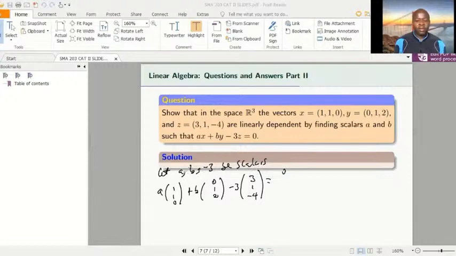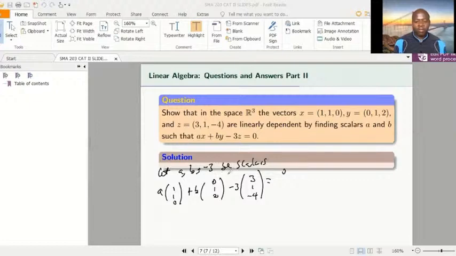By first of all, considering that we have the scalars A, B, C, and then we work out the same way we might work out for the dependence. And then where we find that the system had infinitely many solutions, let your constant C be equal to negative 3.